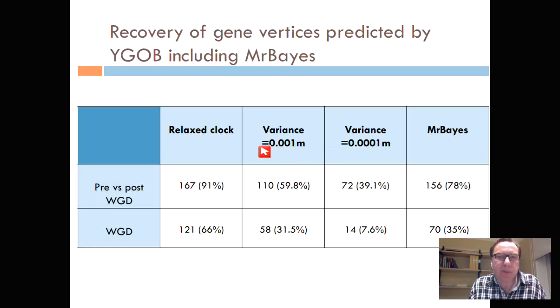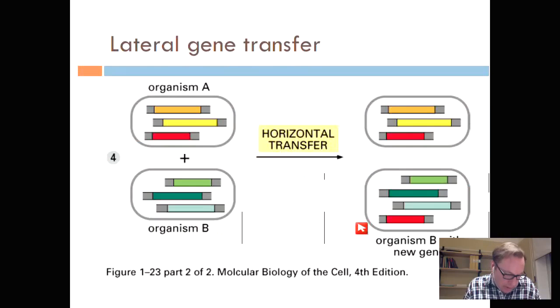If we have a really small variance, then we reconstruct this vertex in basically only 40% of the cases, while MrBayes does reconstruct it in 78. And here we have 7.6 versus 35. So if we hadn't used a relaxed clock, our results would have been much worse than those obtained by MrBayes. Okay, so let me switch over and talk about lateral gene transfer.